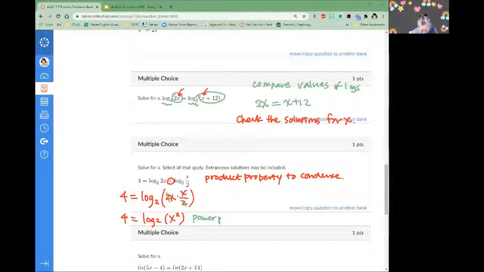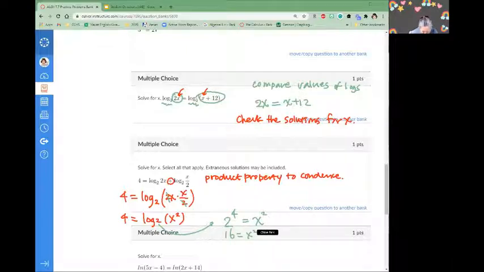So do not use the power property. Then you can convert it. So next step, you can convert it as this is base 2, this is base 2, then the power of 4 is x squared, right? Then this is simply saying 16 is x squared.